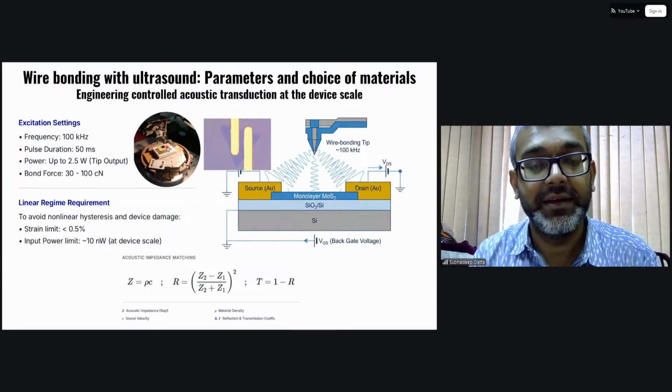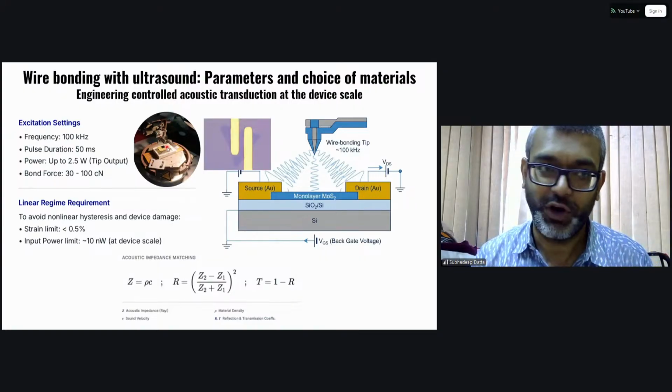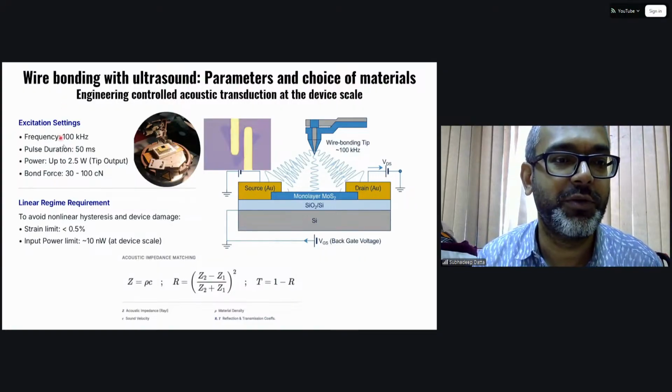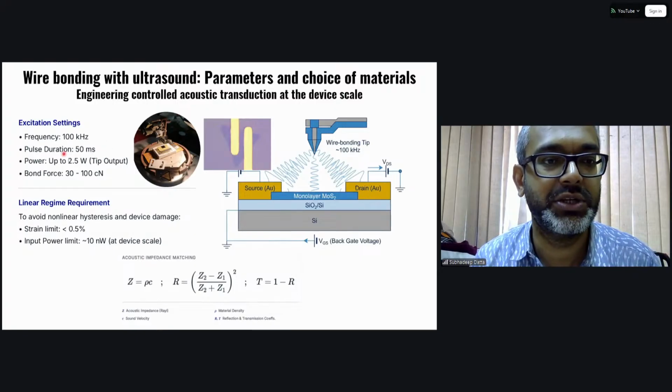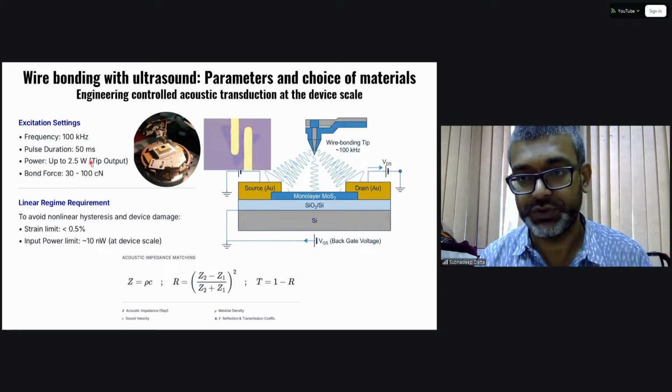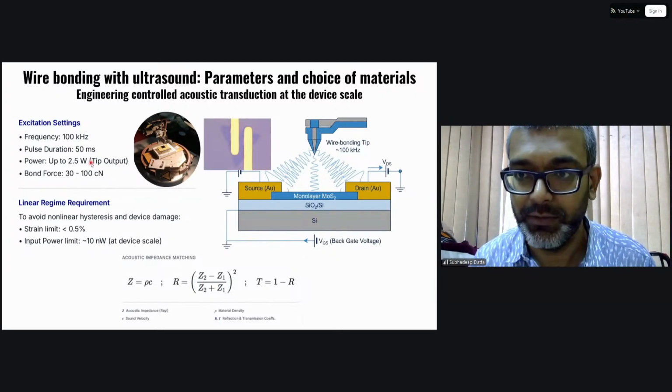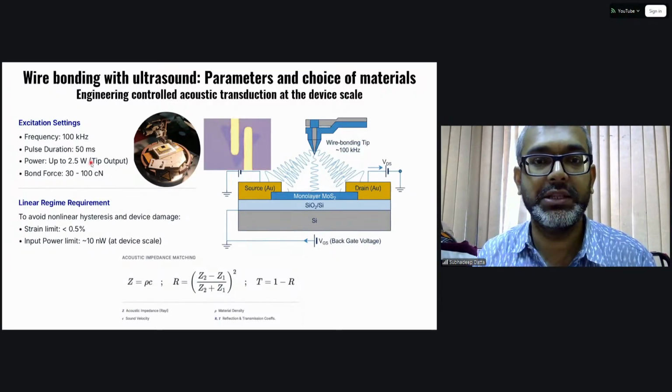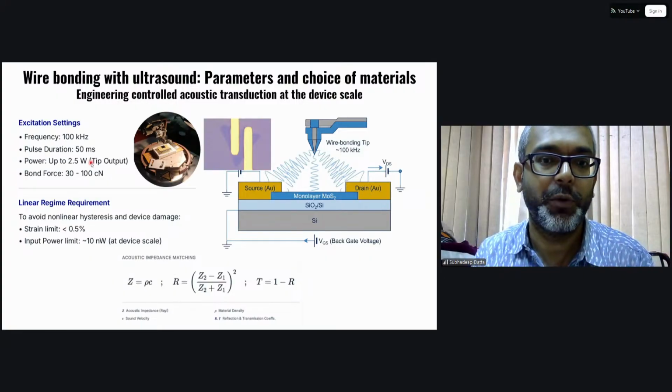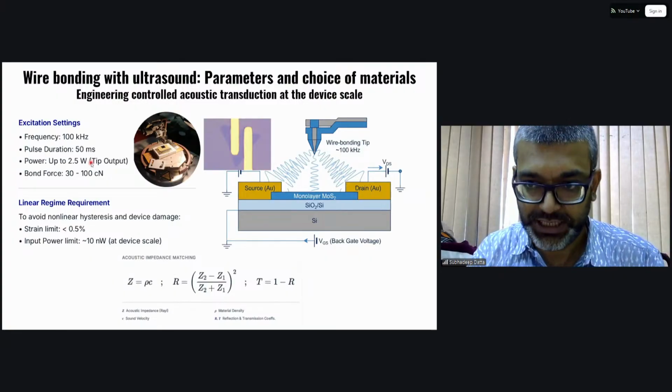That is the main source of ultrasound for us, which will produce a frequency of 100 kilohertz, a pulse duration of 50 milliseconds, power of 2.5 watts, and bond force. It's absolutely controllable, so we can control the ultrasound propagation quite efficiently.